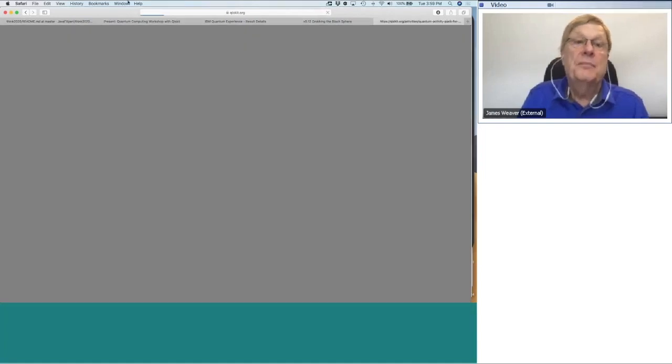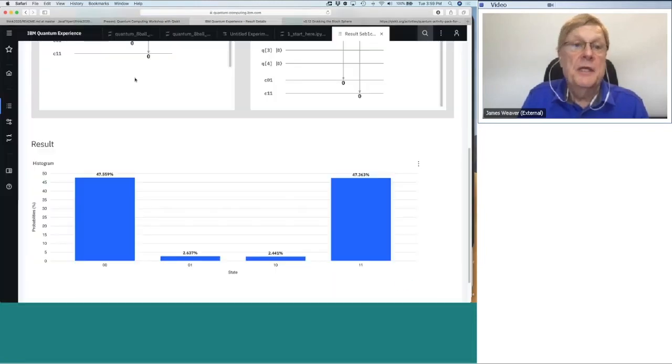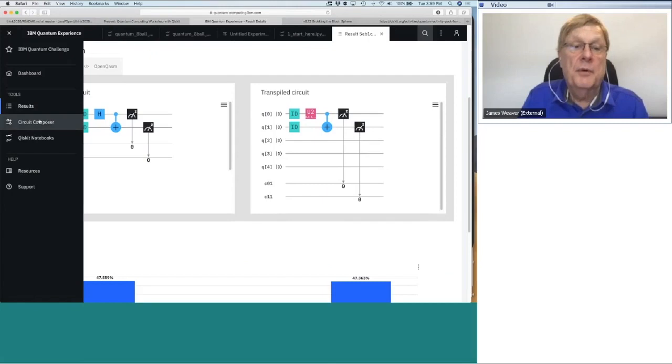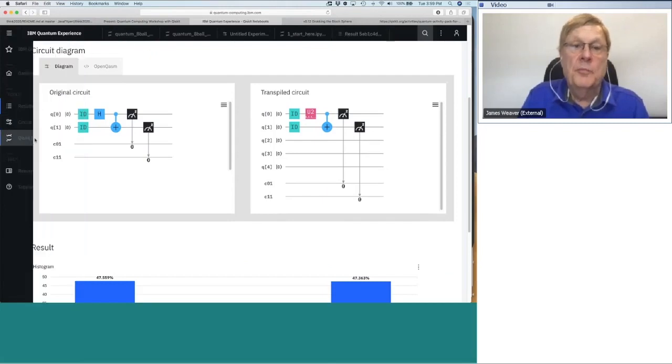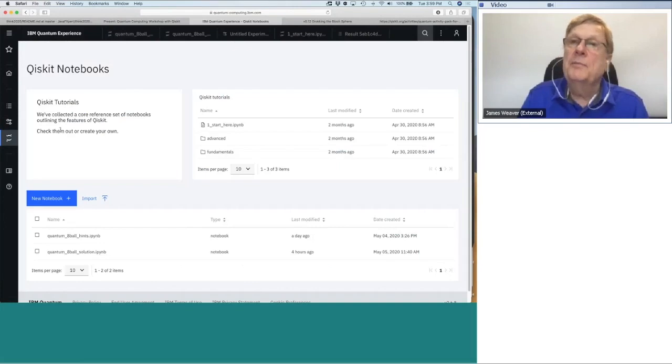And so we'll go back to the IBM Quantum Experience. Not only can you go into the Circuit Composer, but you can also go into notebooks. When you're programming a quantum computer, you could use the circuit model, but that'll only take you so far as the complexity, the kinds of sophisticated and user-oriented applications you might want to create.